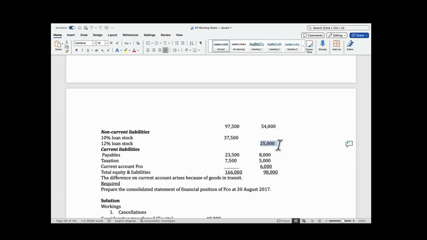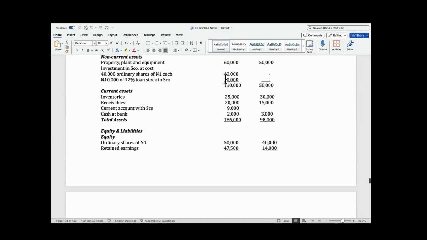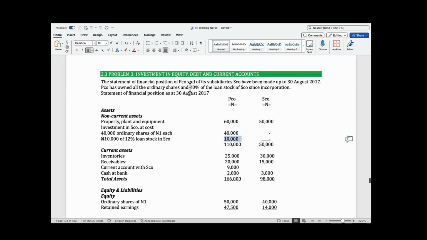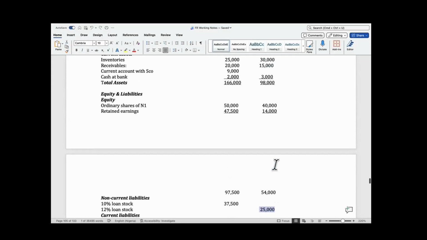So he's owing it to other people, not us. Of this 25,000, only 10,000 relates to this, which is synonymous to 40%. If you do 40% of 25, it would definitely give you the 10,000. So those are the items that are canceling out.